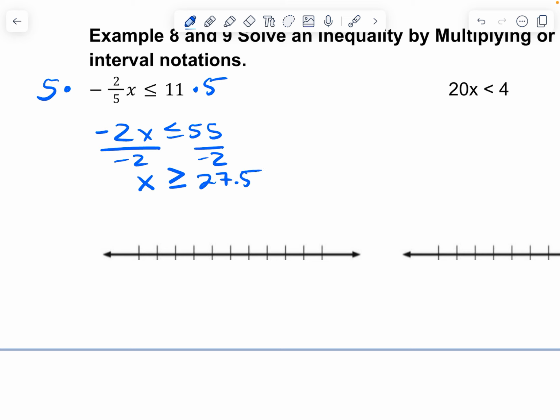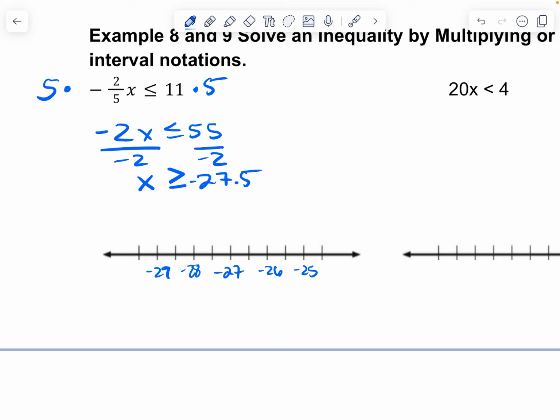27.5. So if I do 27 here, 28 here, 29, go back 26. Ooh, that should be negative. So glad you guys caught me on my error. Okay, so this would be 27. Still can be 27, negative 27, negative 28, negative 29, negative 26, negative 25. There we go.